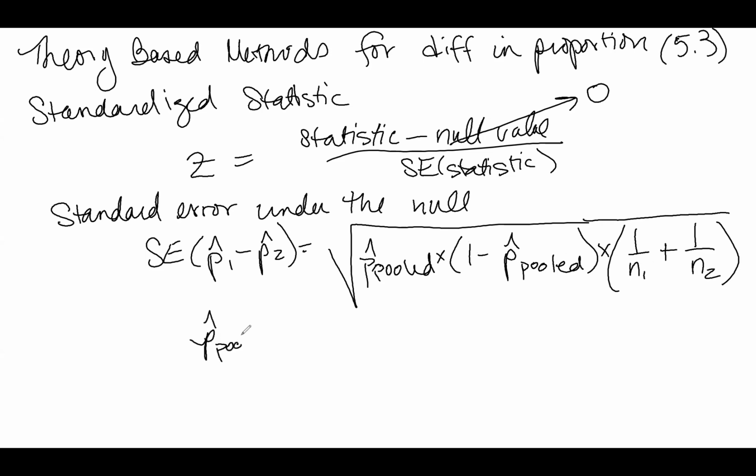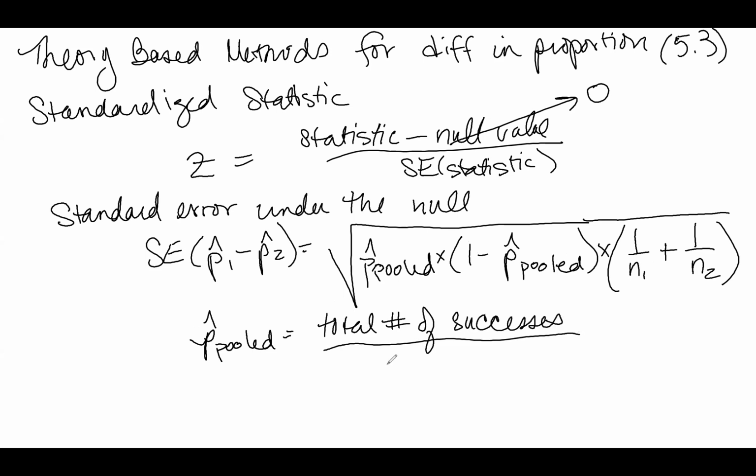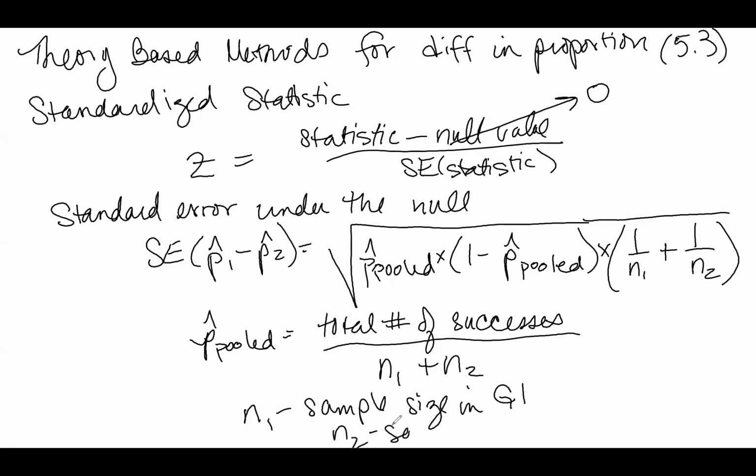So p-hat pooled represents the total number of successes divided by our total sample size, so n1 plus n2. So n1 is the sample size in group 1, and n2 is the sample size in group 2.